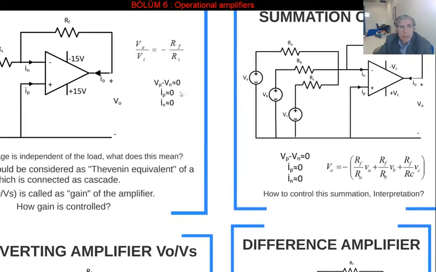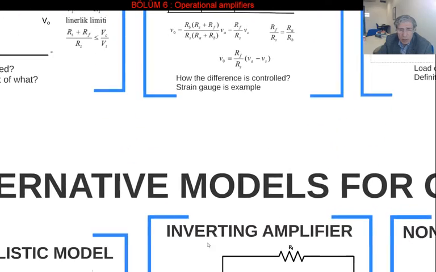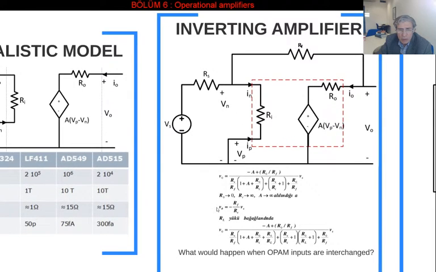We used its definition relation and ended up with the gain like this, and we did it using this model here, and it became the same thing. When you connect a load RL here, you're going to see more or less the same. So there's no difference between this one and this one when you choose these values as shown here.